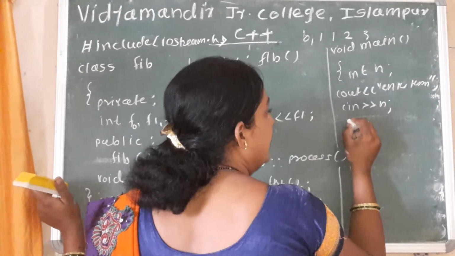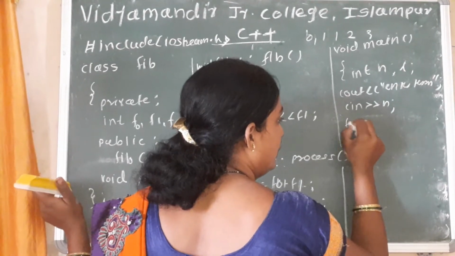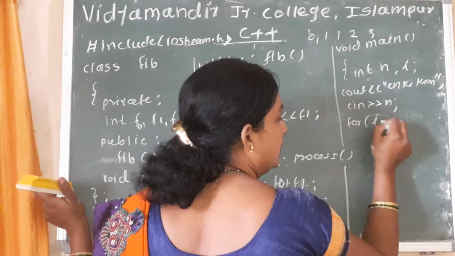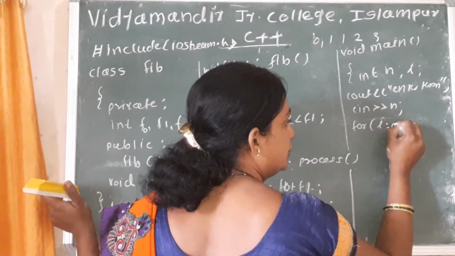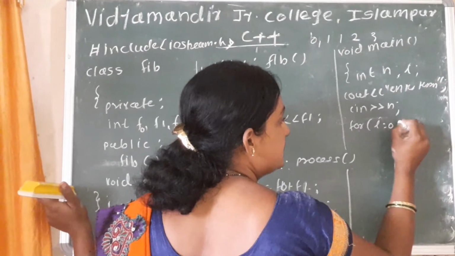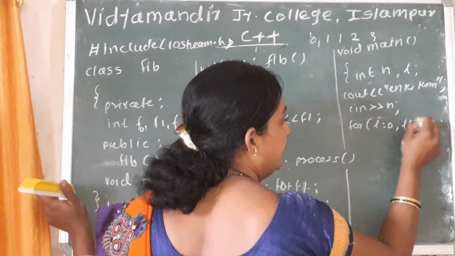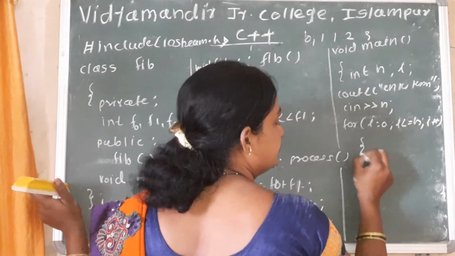Next, we require the counter i. For i is equal to 0, i is less than or equal to n, i plus plus.